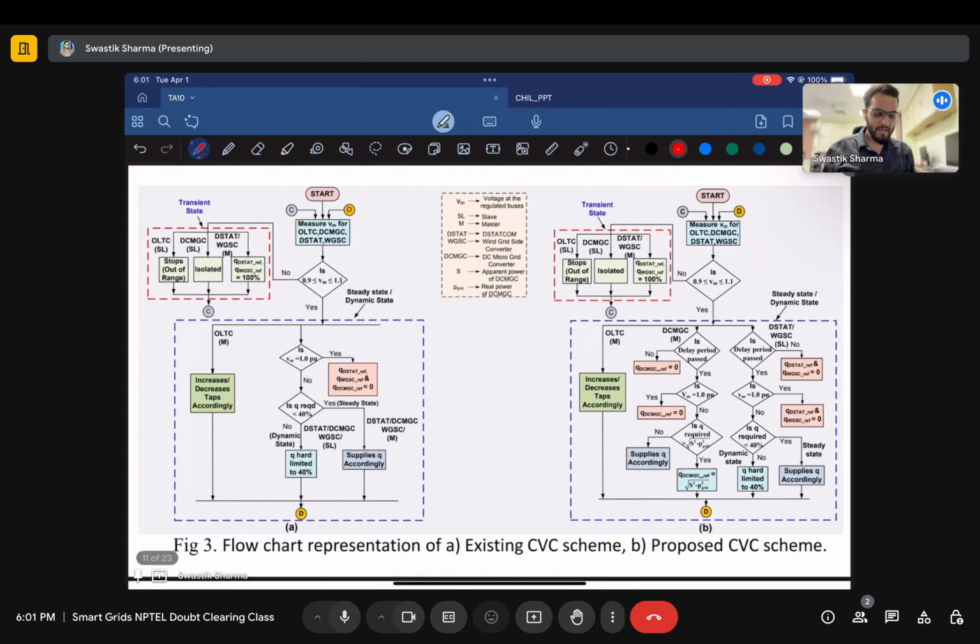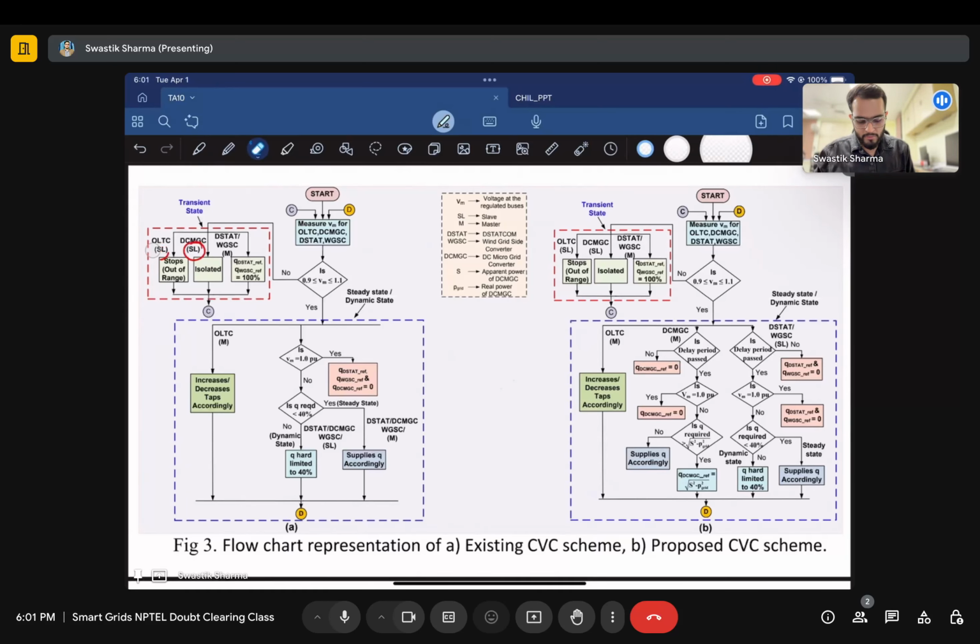Why do we want it isolated? Because we don't want the lack of voltage, the very low voltage, to be transported to the grid side, right? So both OLTC and DC microgrid shift to a slave mode of operation.